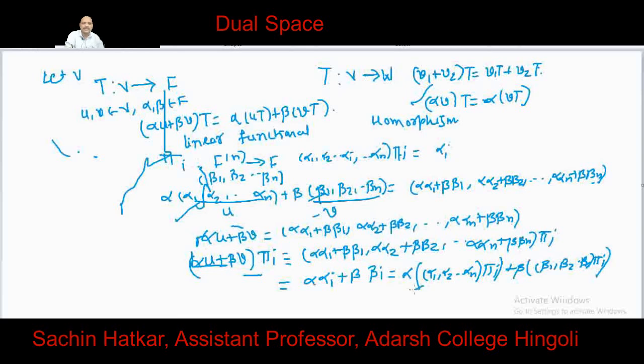It is u. Therefore, this is alpha times pi I of u plus beta times pi I of v.